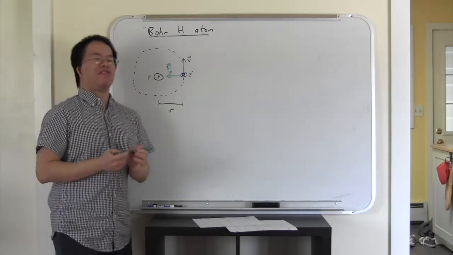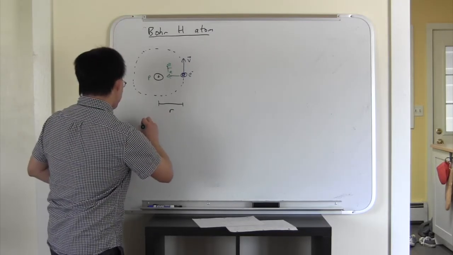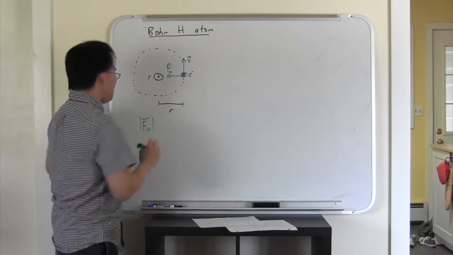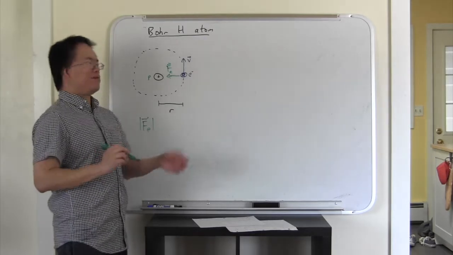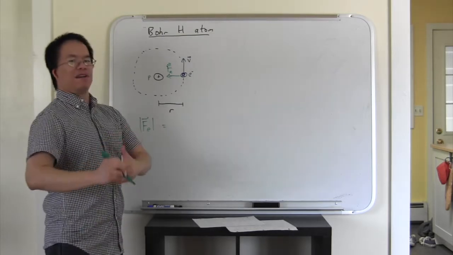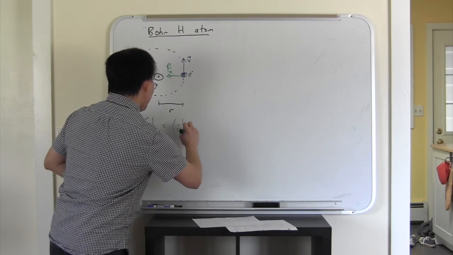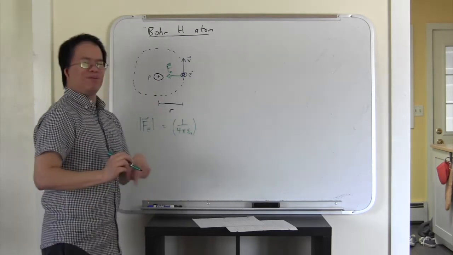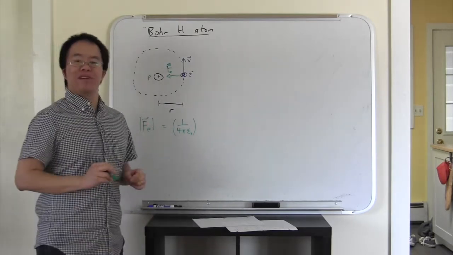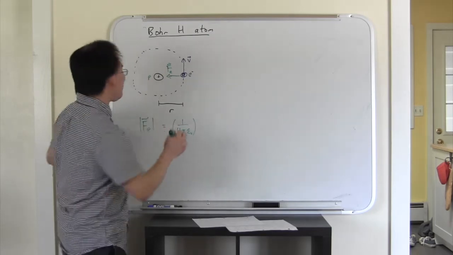So applying Newton's second law, let's first remind ourselves what this force is. According to Coulomb, I'll just work with the magnitude of the electric force rather than define an r hat vector. The magnitude of this electric force goes like the Coulomb's law constant, 1 over 4 pi epsilon naught, times the magnitude of our charges.